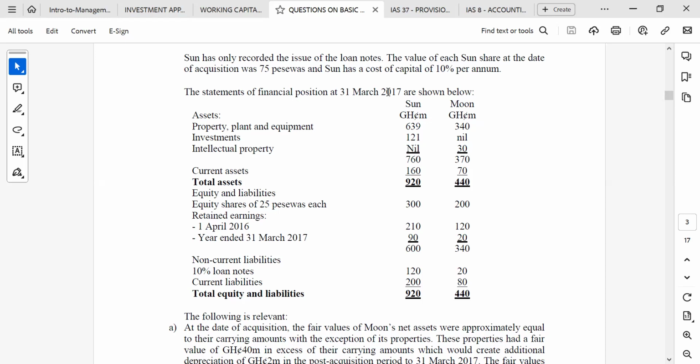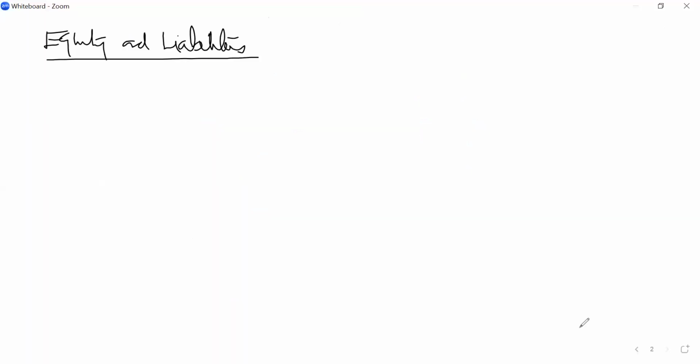Parent. Okay, so we bring the parent equity. So let's go to the question, what is the parent equity? Equity shares is what? It's 300. Correct. Okay. So we have equity shares of the parent.